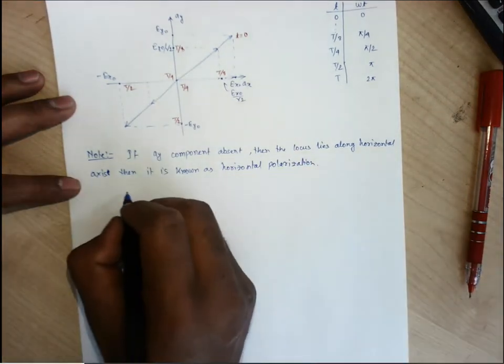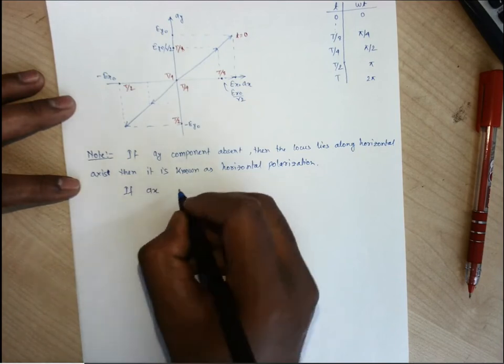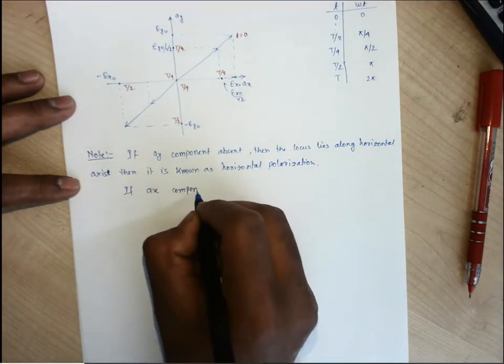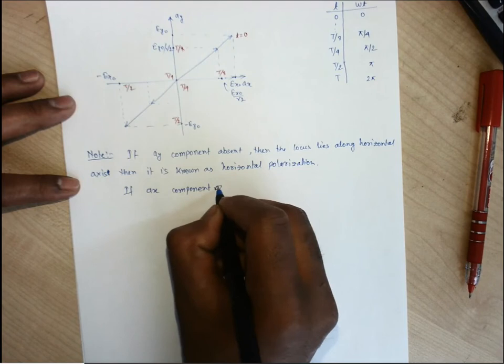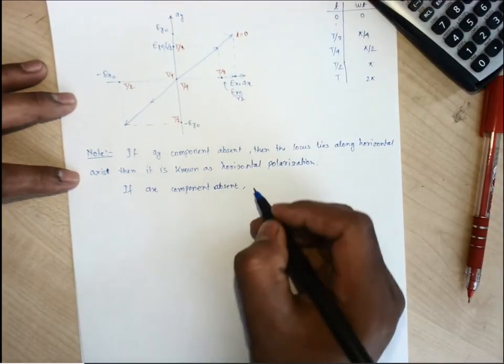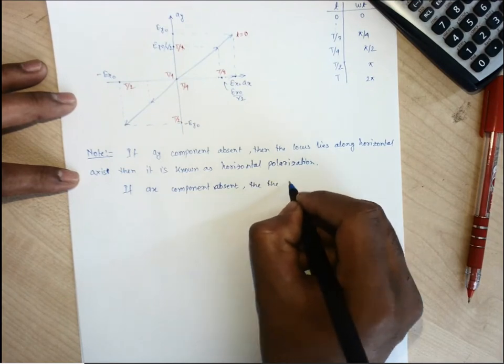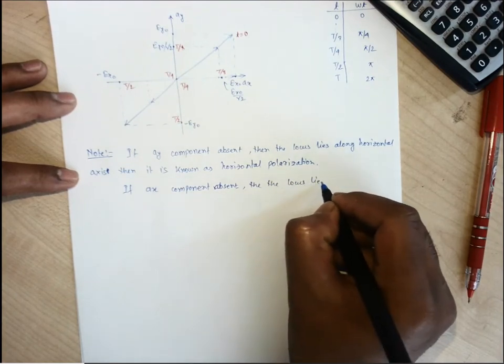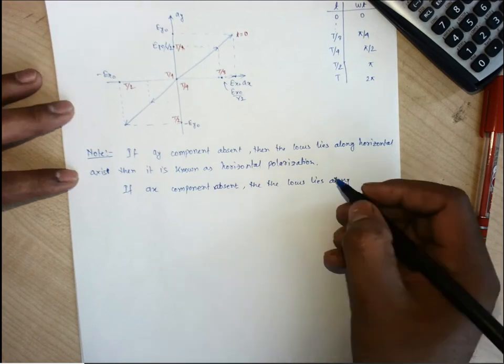In the second case, if ax component is absent, then the locus lies along vertical axis.